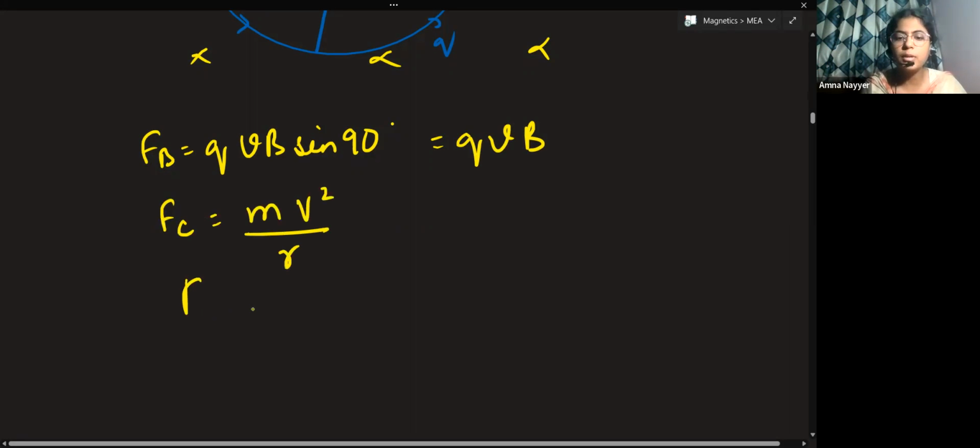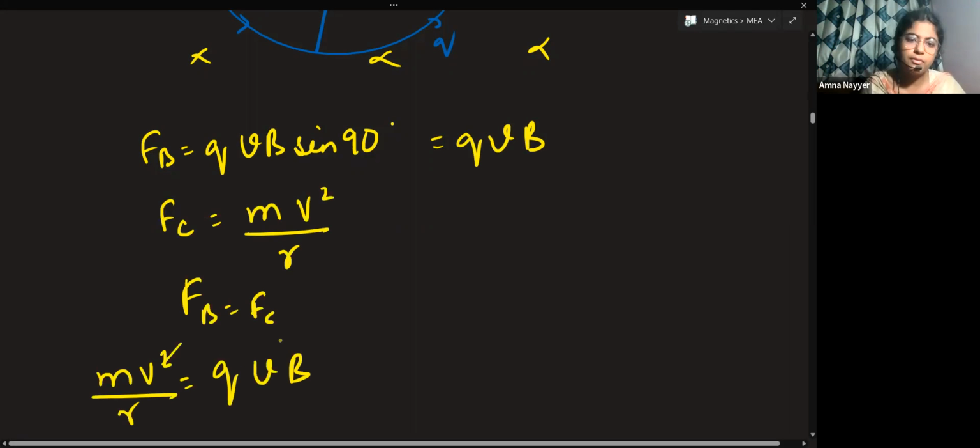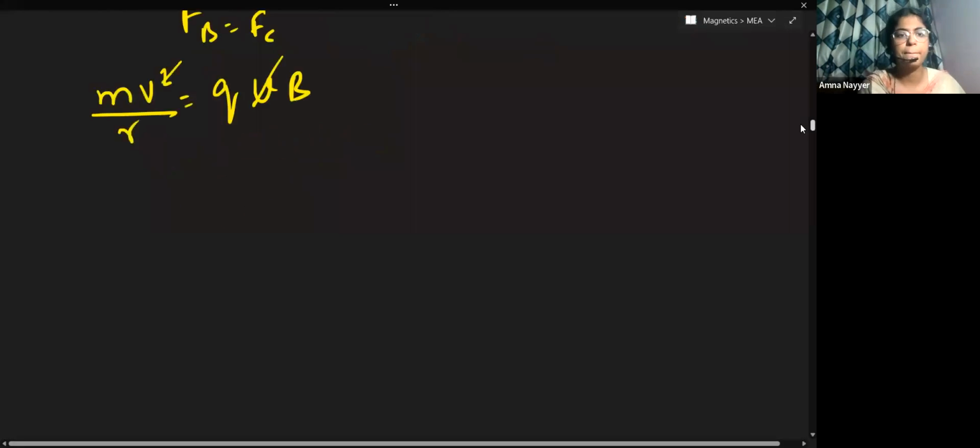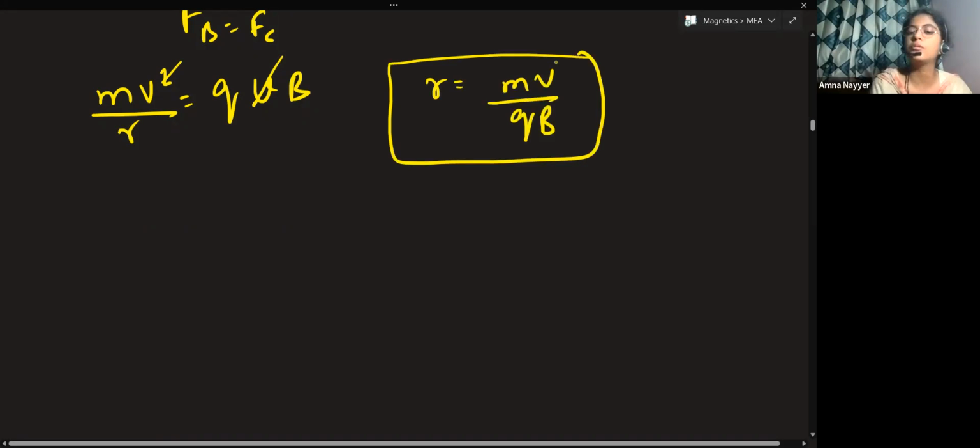F_B is equal to F_C because both are the same, so we can equate them. This becomes mv squared divided by r equal to qvB. One v cancels. What's the value of radius that we are getting? Radius will be mv divided by qB. This will be the formula for the radius of the circular path.